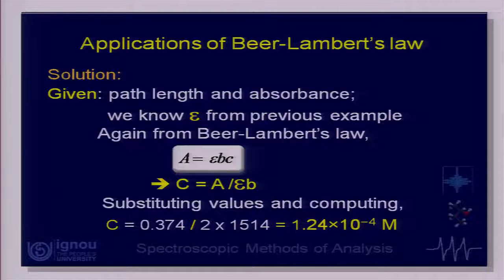So, we find that essentially the Beer-Lambert law has 4 parameters: absorbance A, molar absorptivity epsilon, thickness B, and C the concentration. We keep the units of the expression in mind, and out of these 4 parameters, if I know any 3 of them, I can find the 4th one. That is the basic premise on which we try to solve problems.